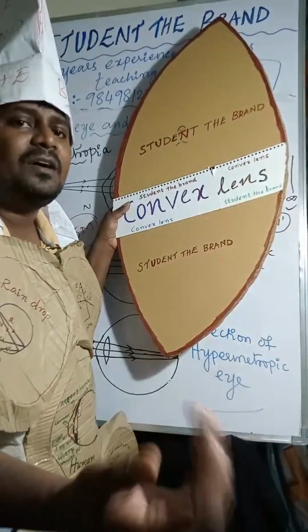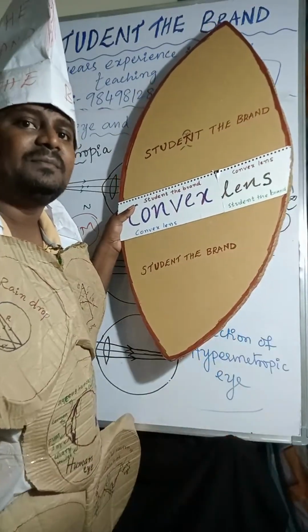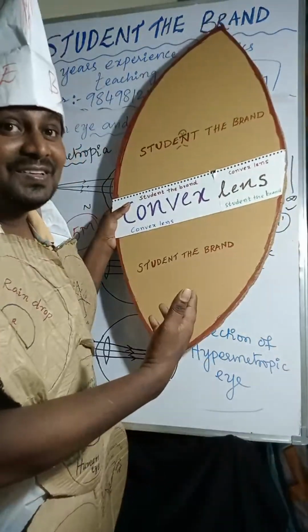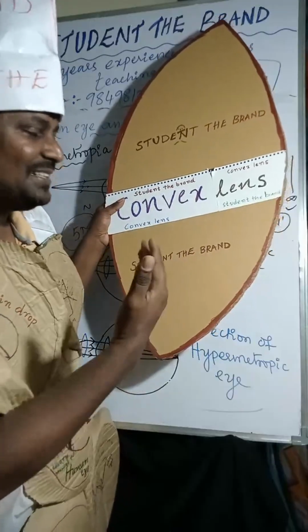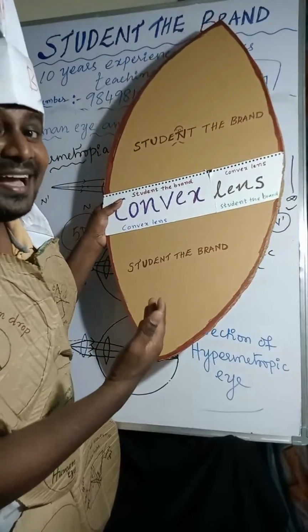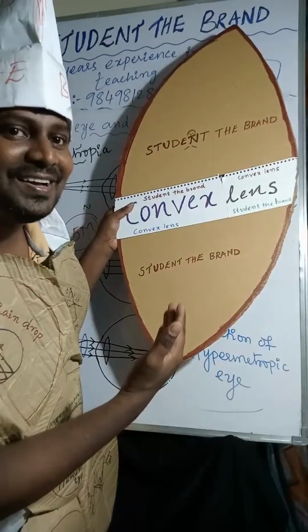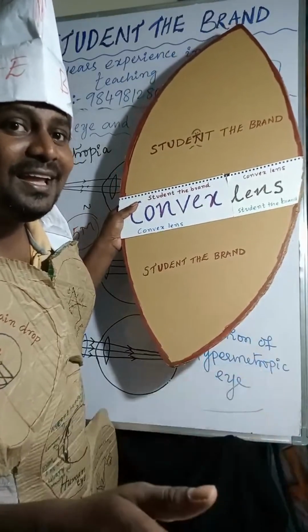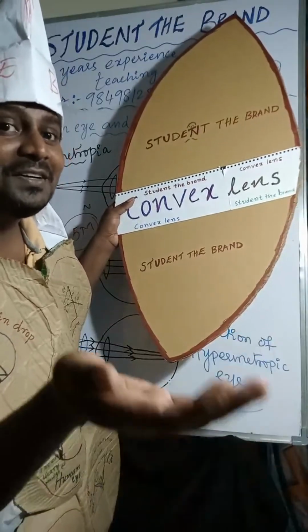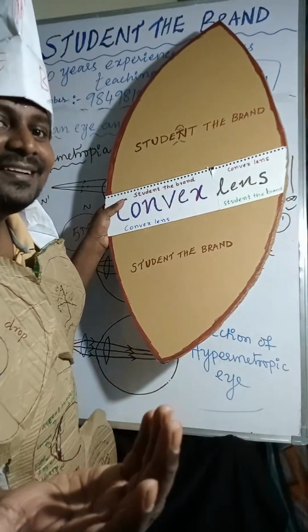Hypermetropia. For that correction we are using convex lens, convex lens, convex lens. Hypermetropia, convex lens. That's enough now.